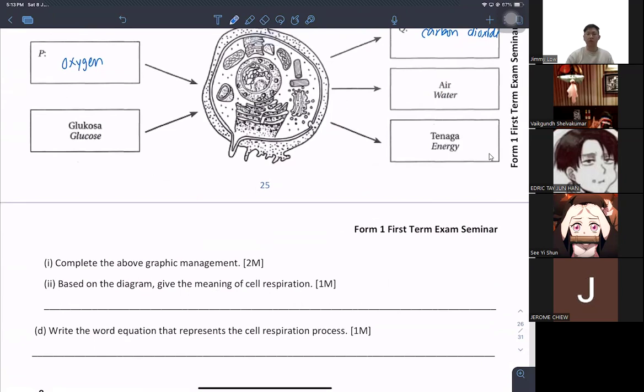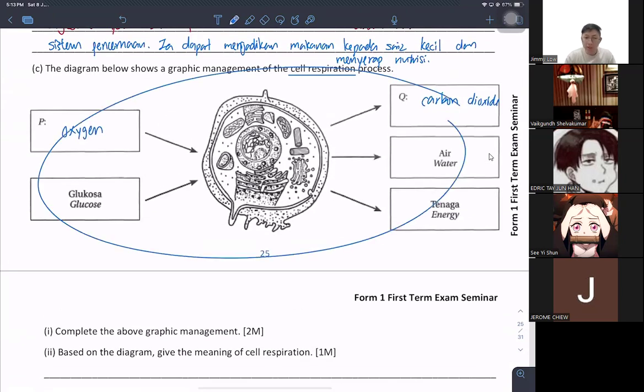Okay, give the meaning of cell respiration. Wow, this one is free marks. Everything is included here already, so you just write long.